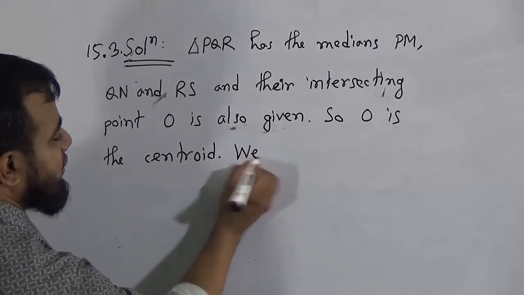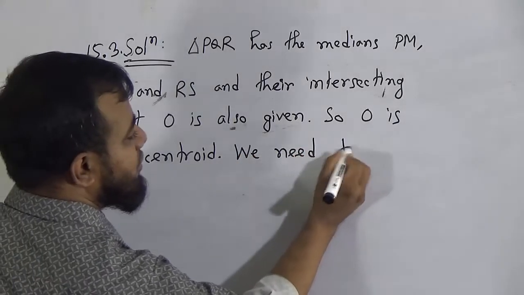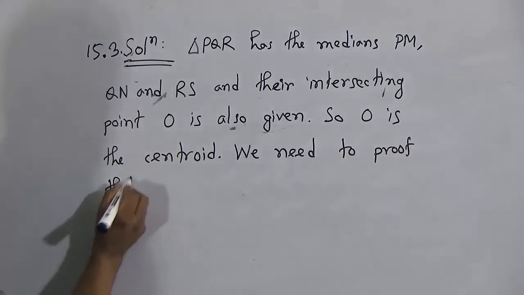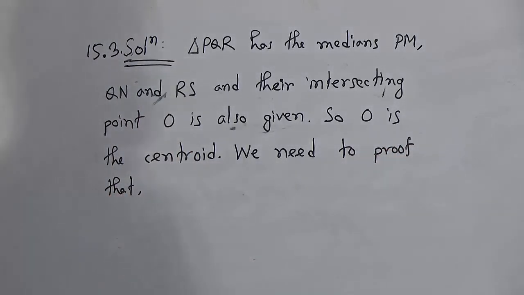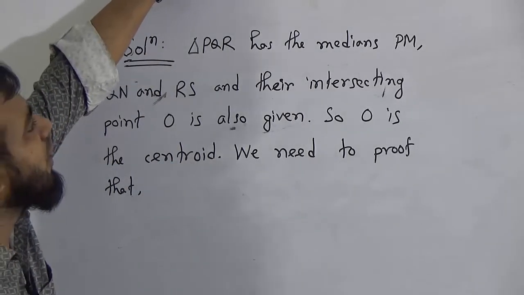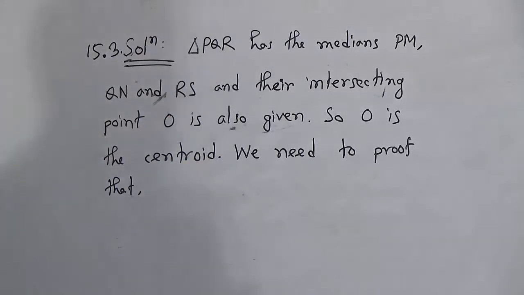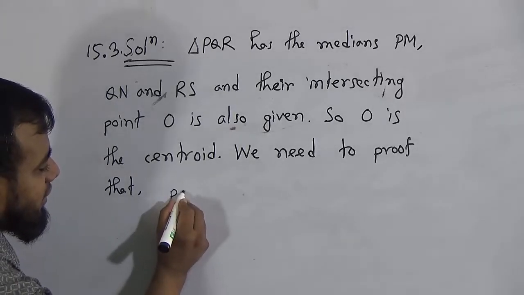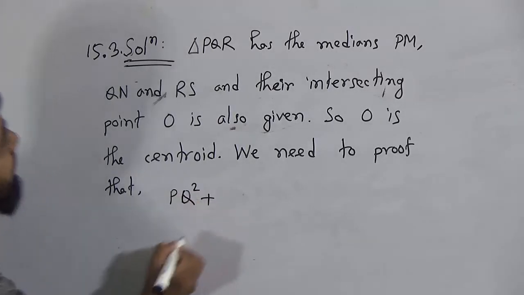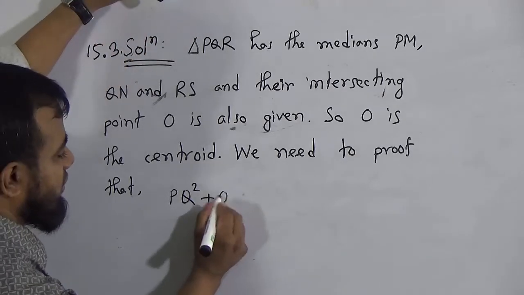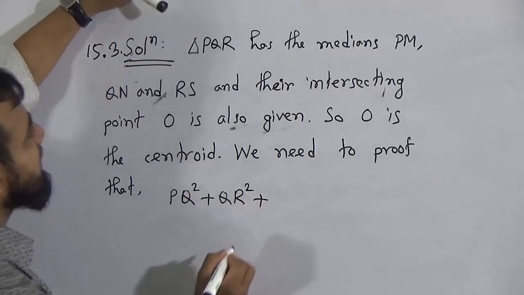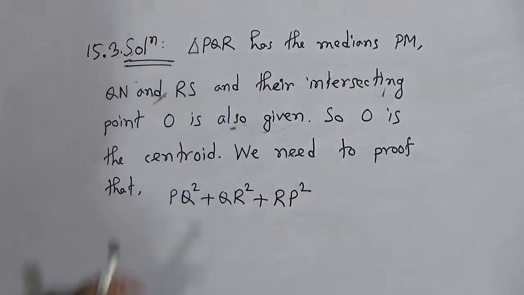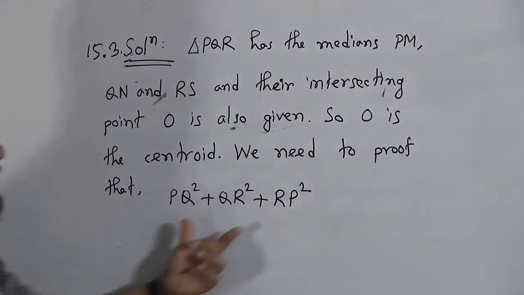We need to prove that. Look at the question again. The sum of squares of the three sides. The sum of square of three sides means, my dear students, PQ square plus QR square plus RP square. This is the sum of square of three sides.